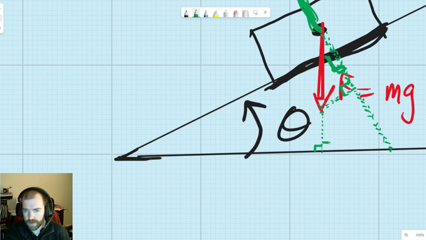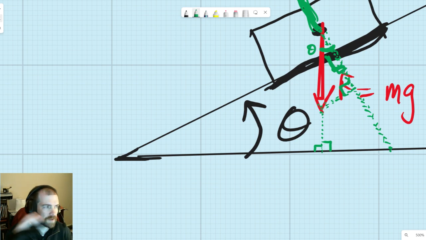And this is a right angle here, and this angle here has to be theta. So we're going to have like a series of nested right triangles that all end up being similar to each other. Just the way that they all work out, basically, is just, that's how it's going to be.